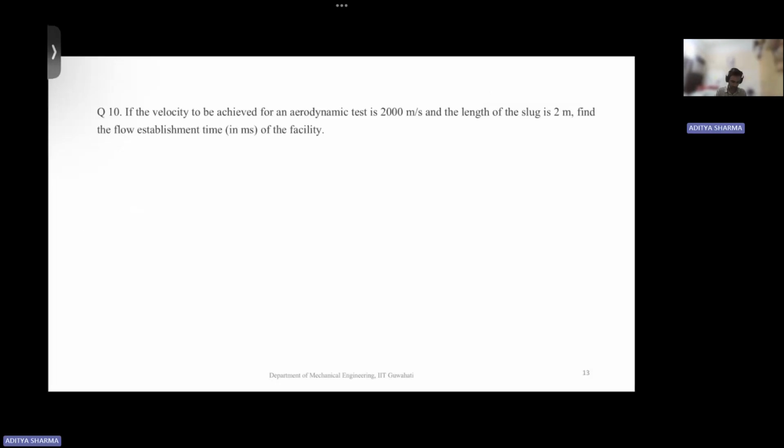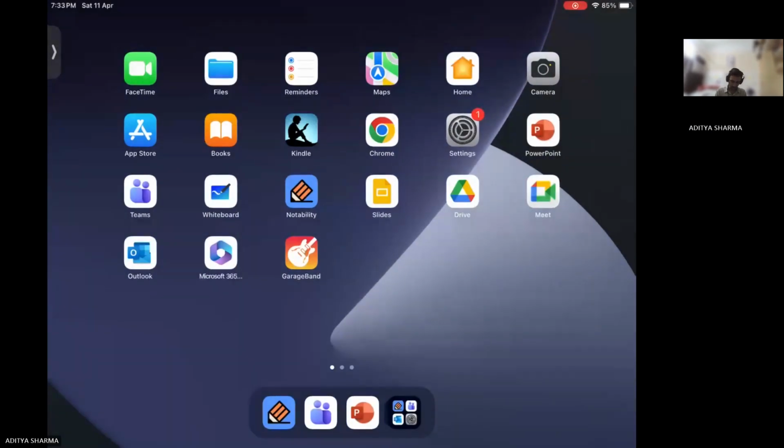Then the next question: if the velocity to be achieved for an aerodynamic test is 2000 meters per second and the length of the slug is 2 meters, find the flow establishment time of the facility.